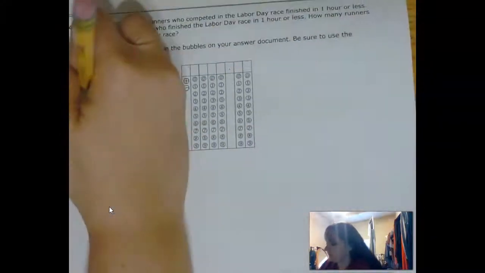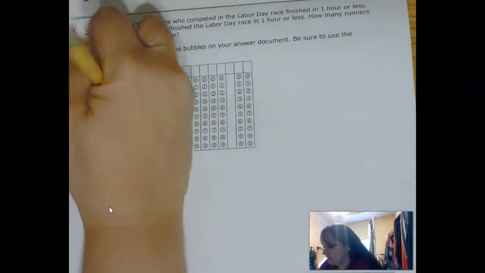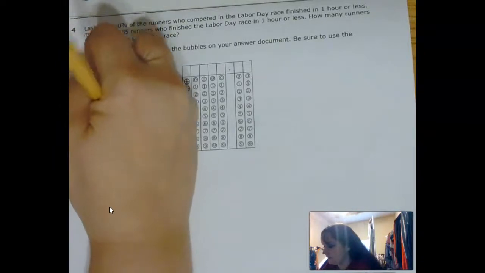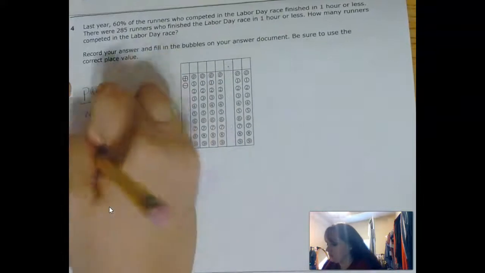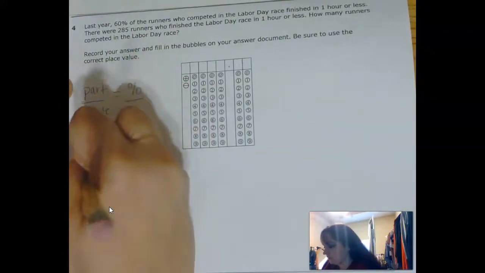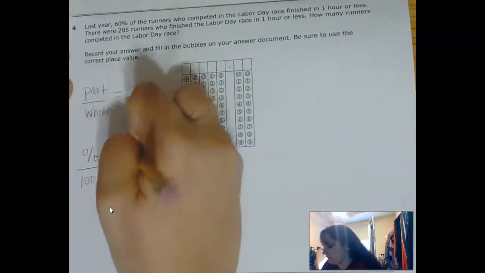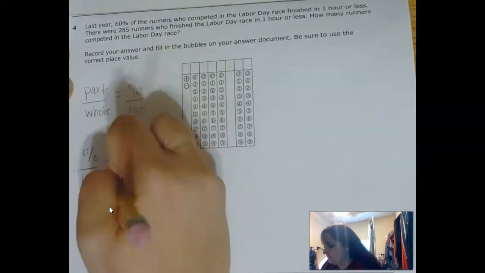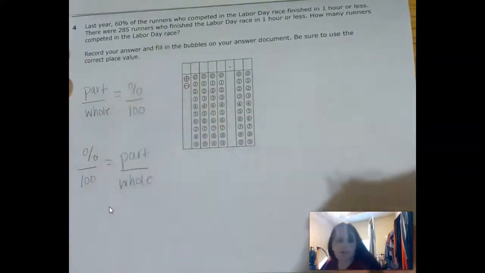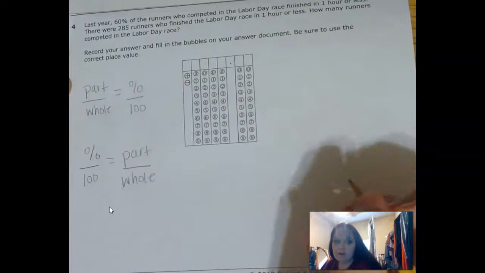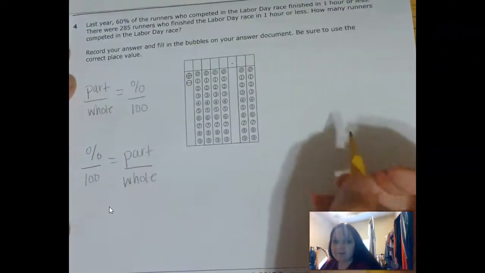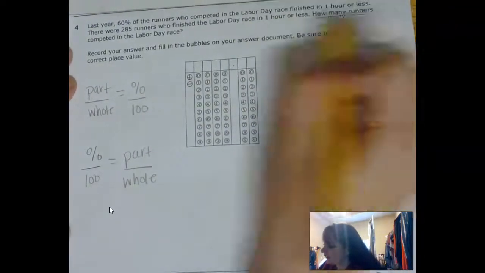So, first up, part over whole equals percent over 100, or percent over 100 equals, that's a good word, equals part over whole. So I'm looking for how many runners competed in the race. So, whole unknown or total unknown.